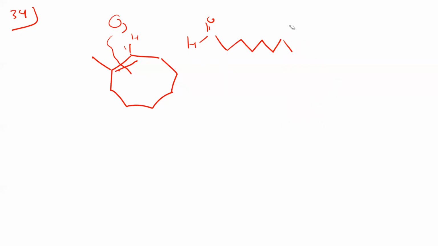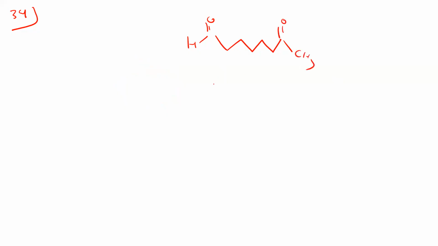I got my carbons numbered wrong, but this should be a 7-membered ring. I apologize for that. It's the same concepts. It's just a 7-membered ring. 1, 2, 3, 4, 5, 6, 7.